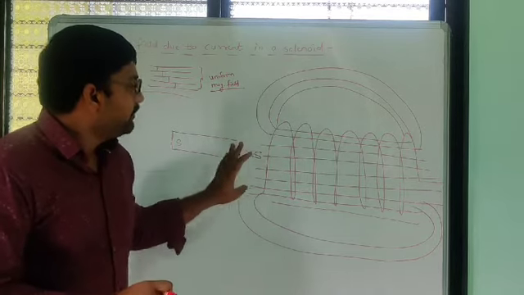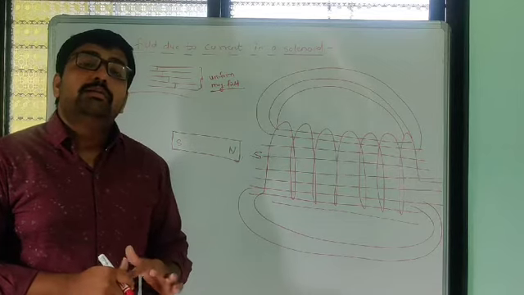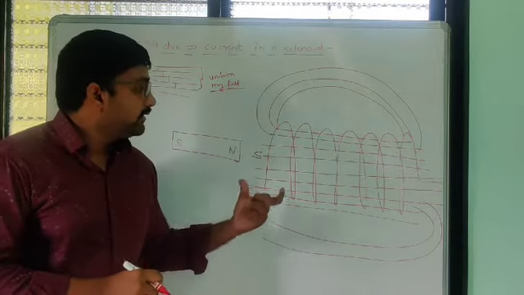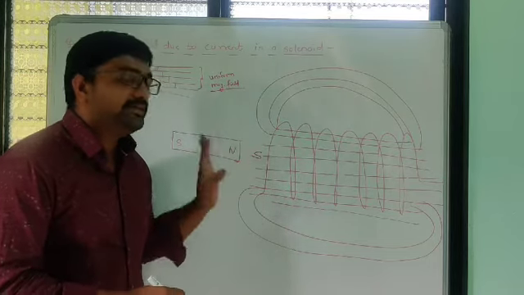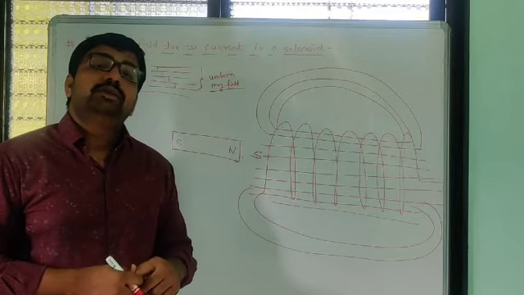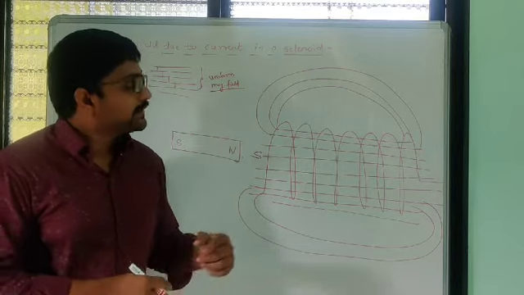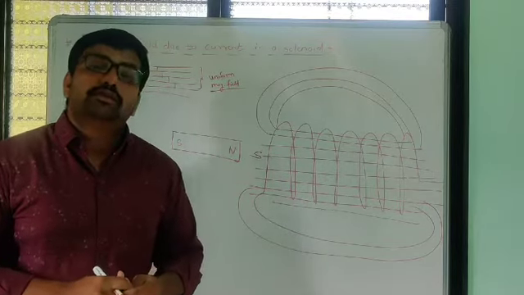We can also check the south and north poles of this solenoid by bringing a bar magnet into contact with it. If like poles come in contact, there is repulsion, and if unlike poles come in contact, there is attraction. In such a way we can check the north and south poles of the solenoid.